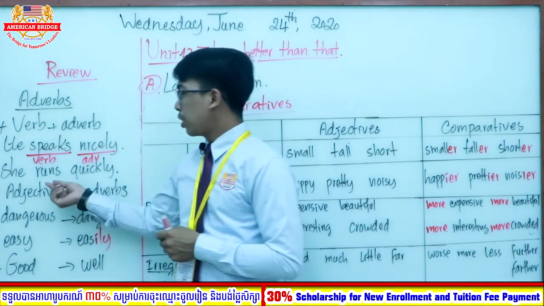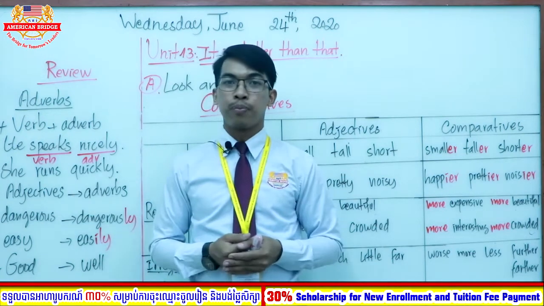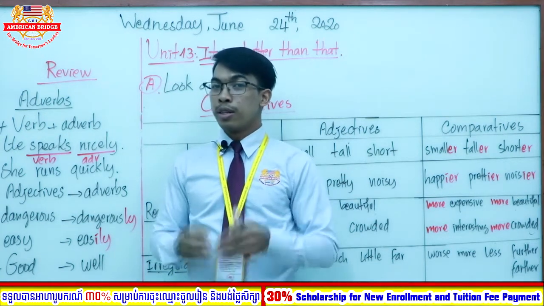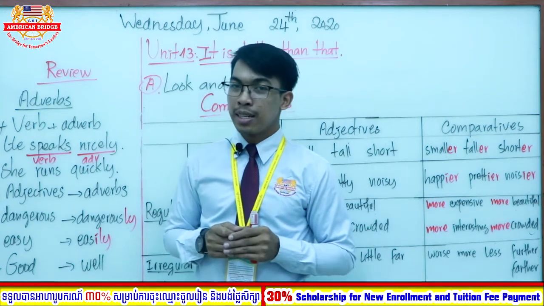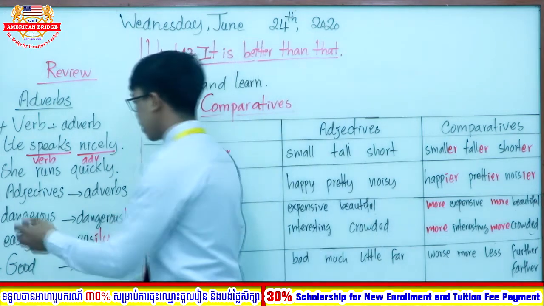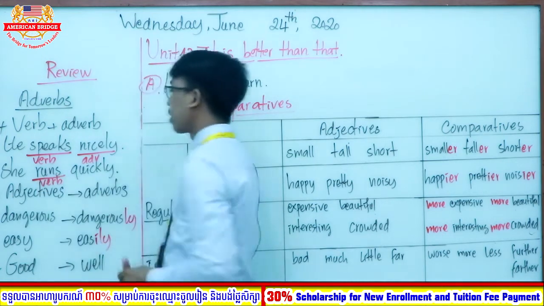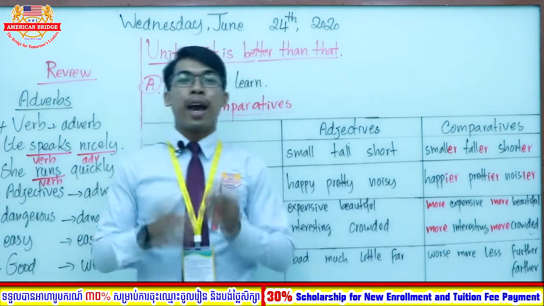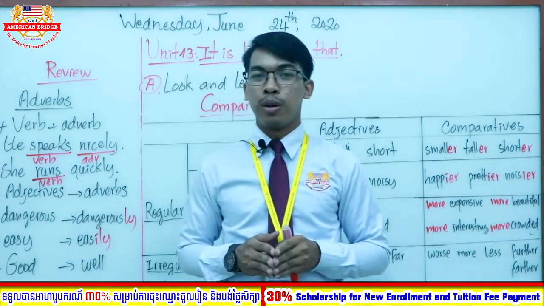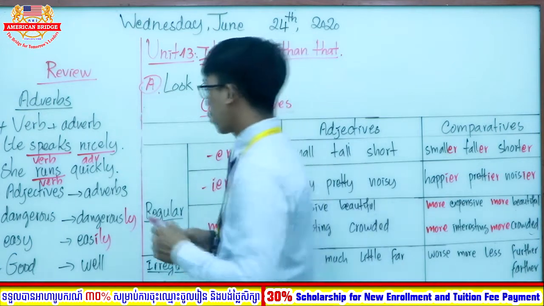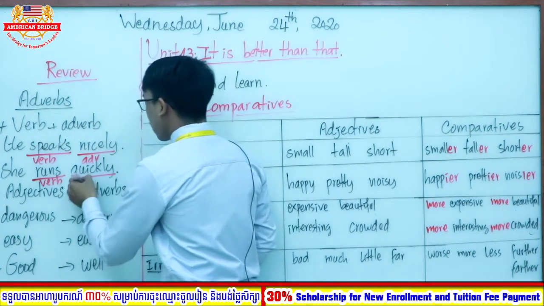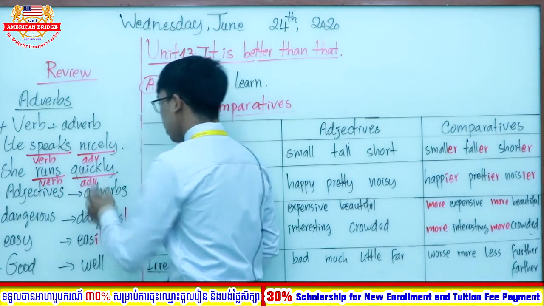She runs quickly. The verb in the sentence is, very good, runs. Runs is a verb, right? Good. And where is the adverb in the sentence? Yes, sure. The word quickly is an adverb. Very good.